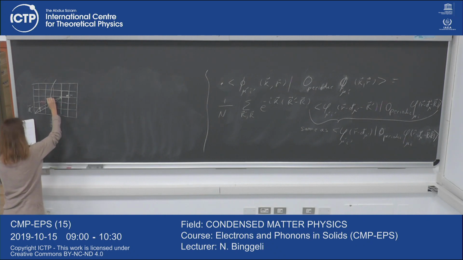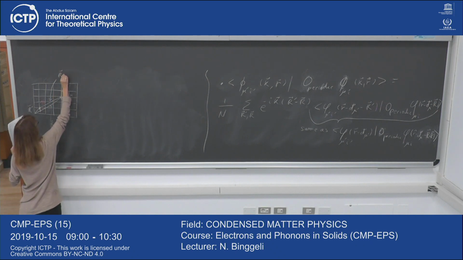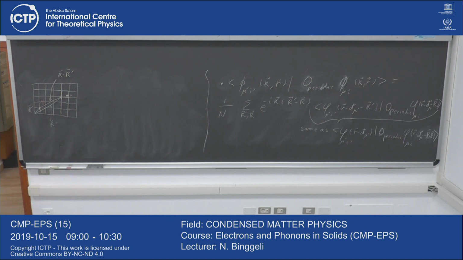So this is the vector r minus r prime. So it's the same if I integrate this wave function times this wave function in this cell here and here, using as origin this, the wave functions on this atom, and the function mu at the vector r minus r prime from the origin.